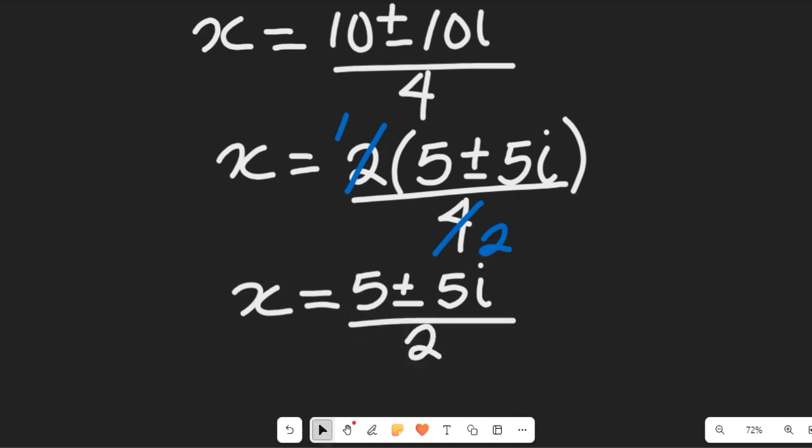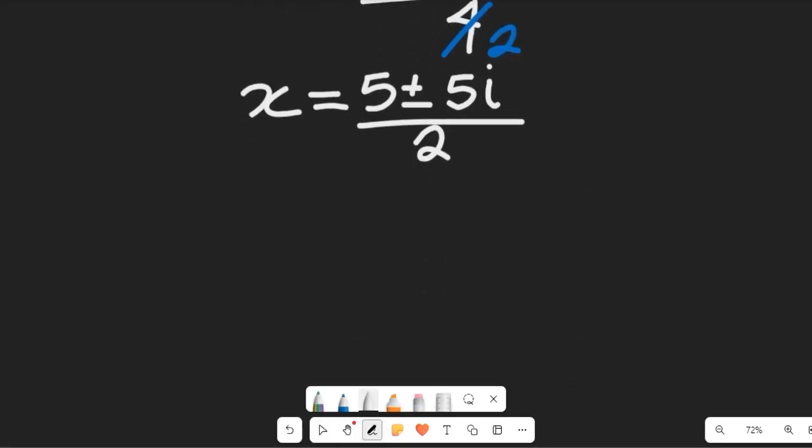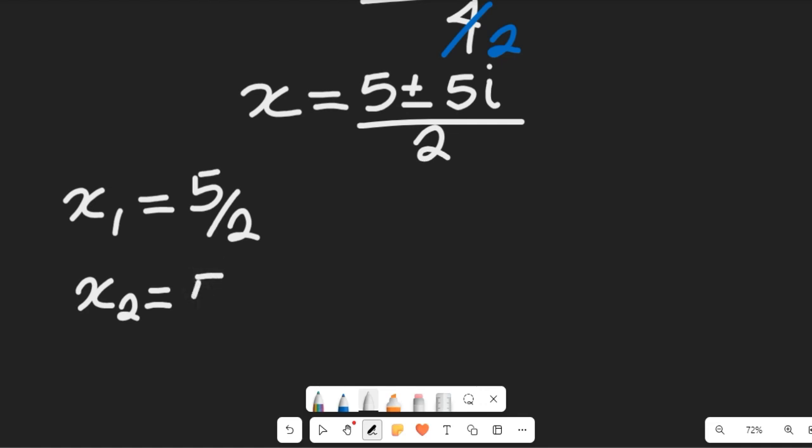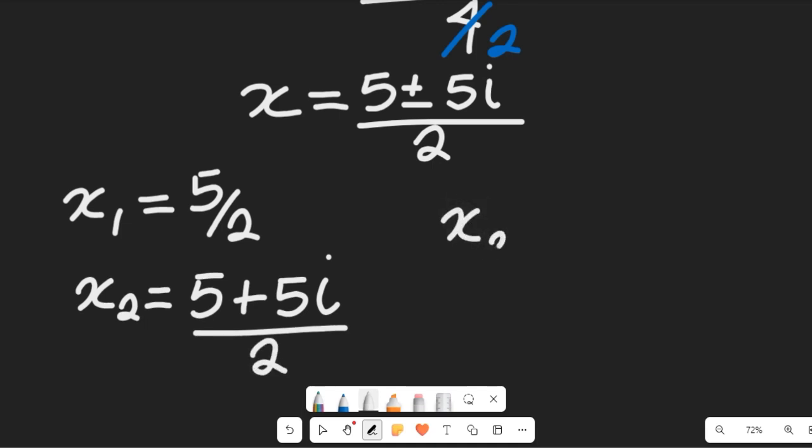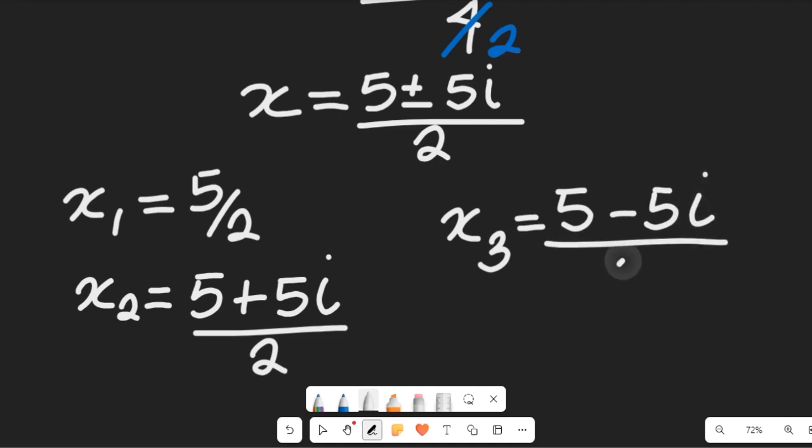So the solutions to those expressions are: x1 is equal to 5 divided by 2, x2 is equal to 5 plus 5j divided by 2, and the final solution, x3, is equal to 5 minus 5j divided by 2.